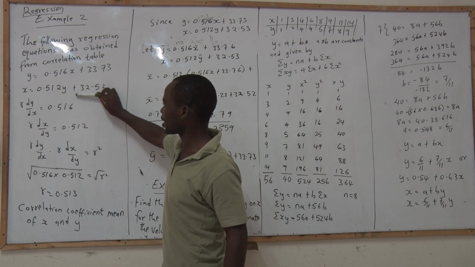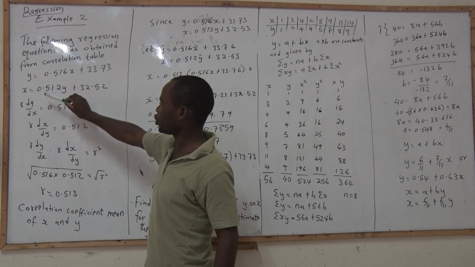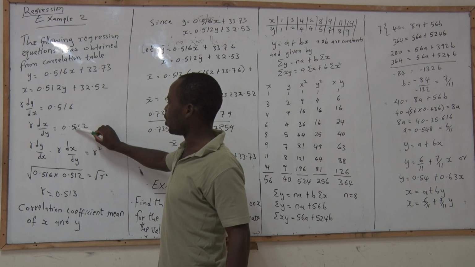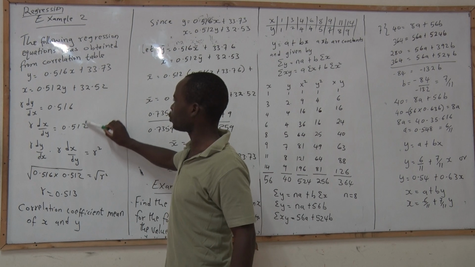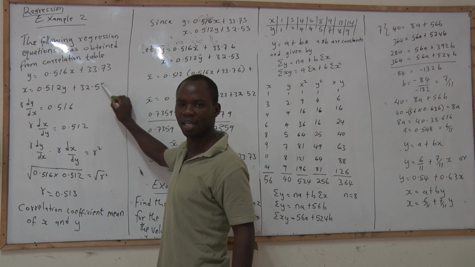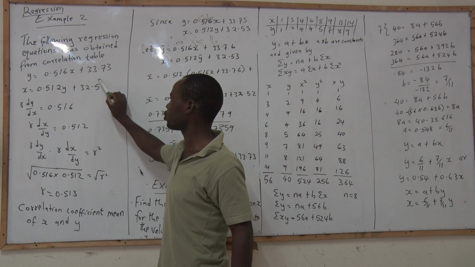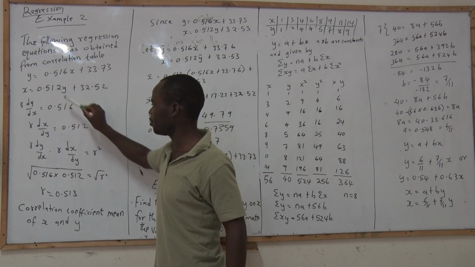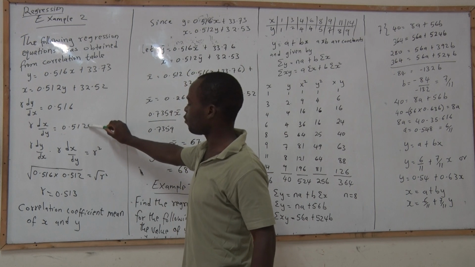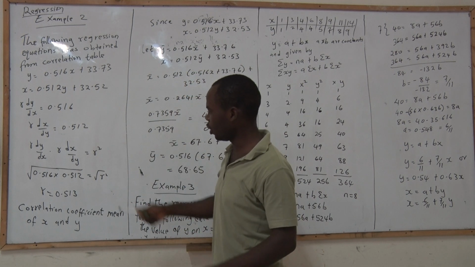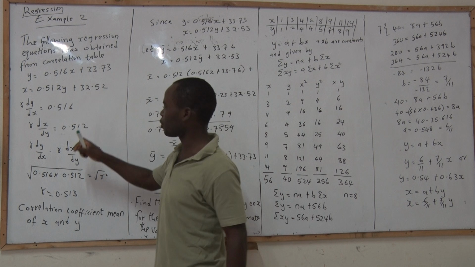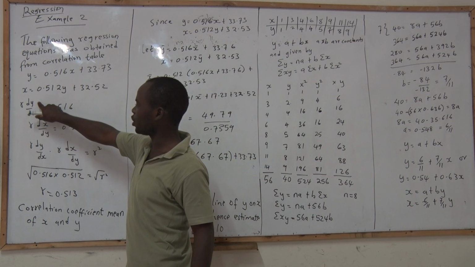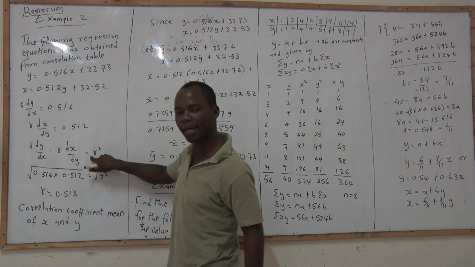And for this second equation, the differential of x with respect to y gives us 0.512. Remember, the derivative of a constant is 0. So the derivative leaves us with 0.512.